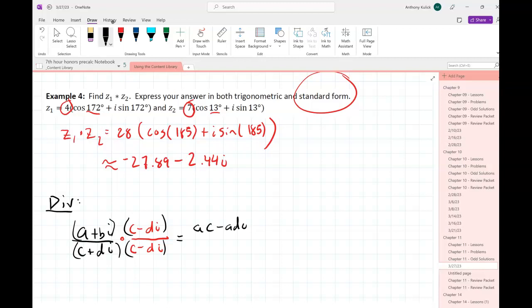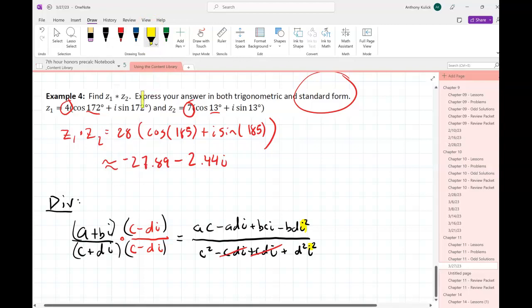Yuckarooski. Well, I notice at least in the denominator, those cancel out. And then the i squareds both become negative ones.